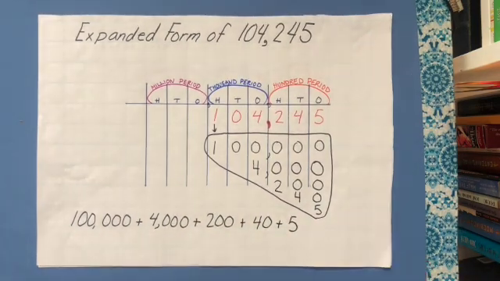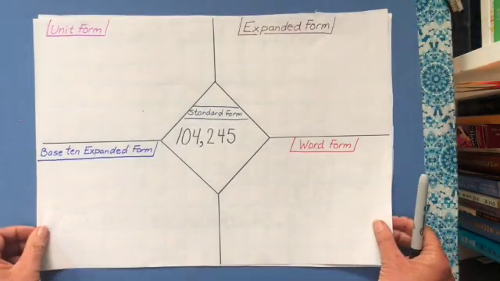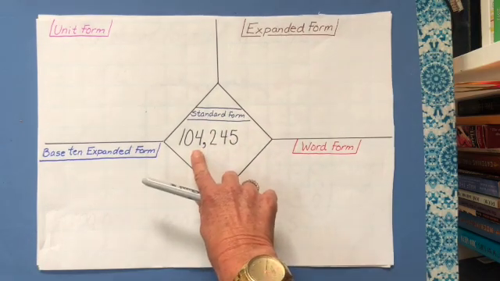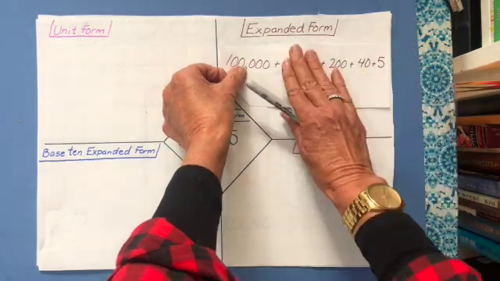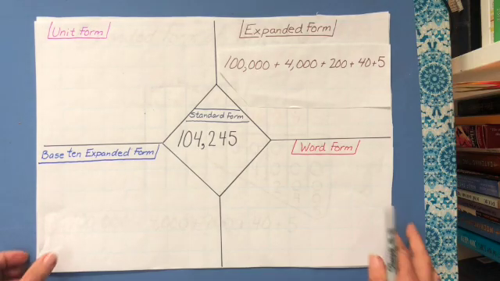So if we went back to our place value for our Frayer model here, we would know this number, 104,245, in expanded form would be written like this.